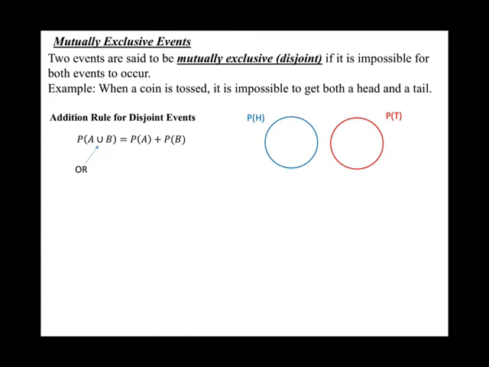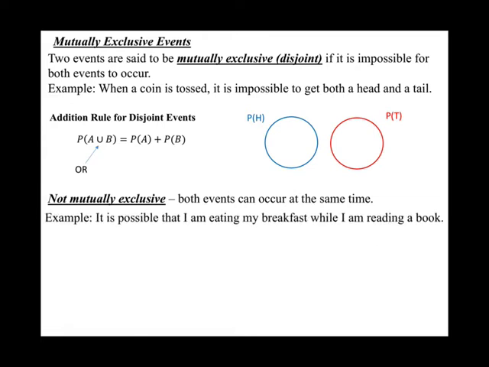And then we have not mutually exclusive events. Not mutually exclusive means both events can occur at the same time. For example, it is possible that I'm eating my breakfast while I'm reading a book. So think about it. This is the probability that I'm eating my breakfast. You could see I have the intersection here in the middle.